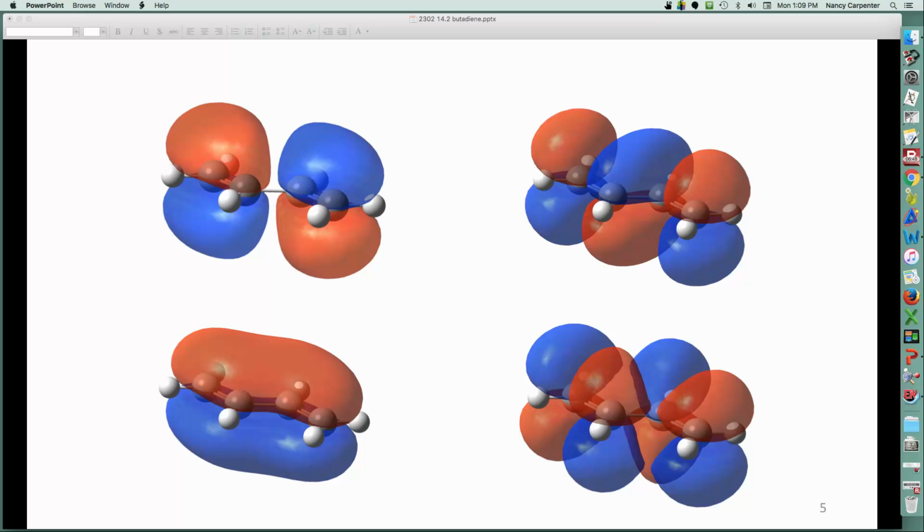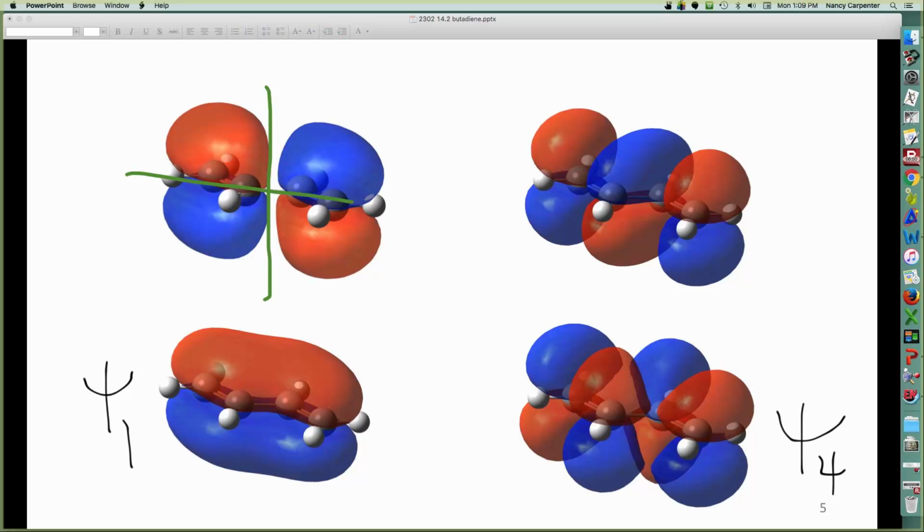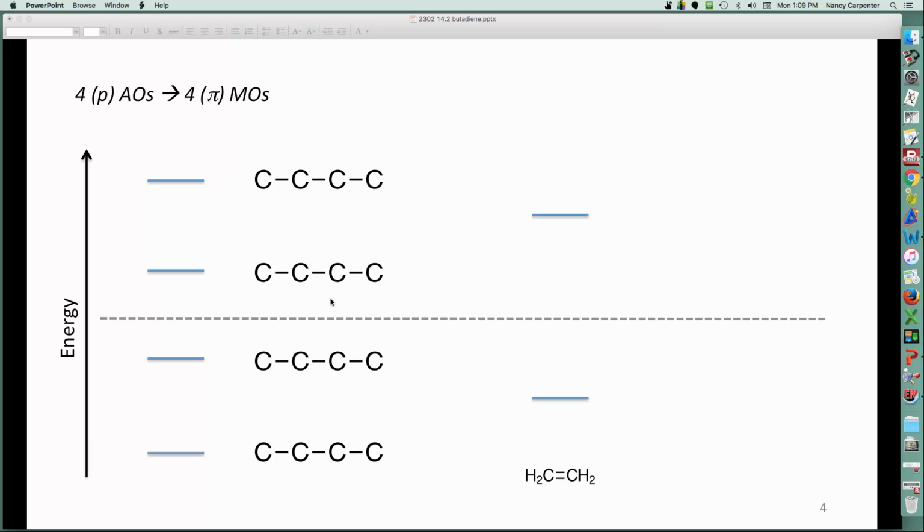There are the 4 molecular orbitals for butadiene. So psi1 fully bonding, psi4 completely antibonding, and then our 2-node psi2 and our 3-node psi3.